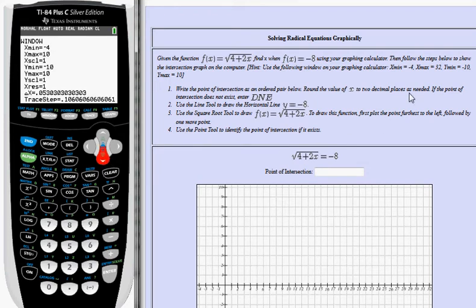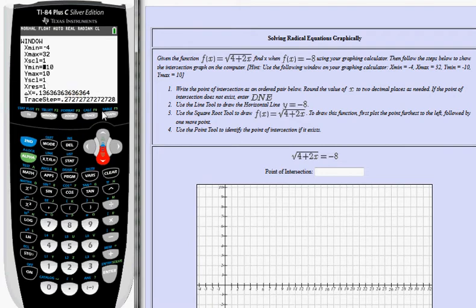We need to see as far as 32 to the right. We might not need to see quite that far, but a lot of times we like to see a little bit further to the right of what we're looking for, which in this case is the intersection of two graphs. I'm going to down arrow to the y min and y max, but it doesn't look like I need to change it because the suggested values on the y are negative 10 to 10, and we already have that.